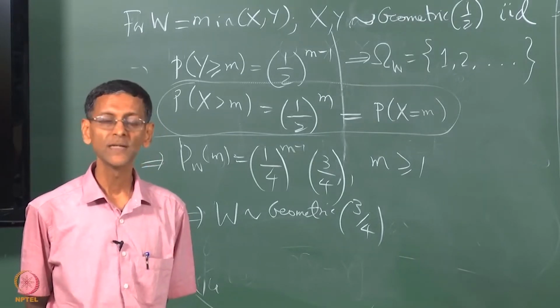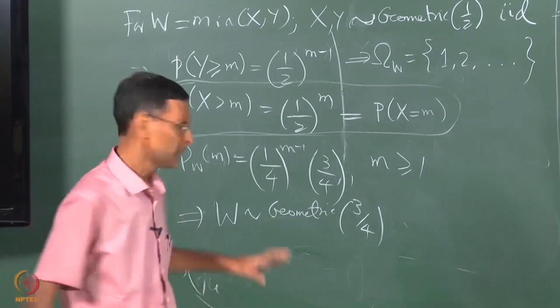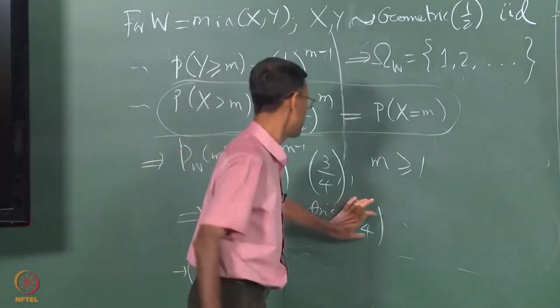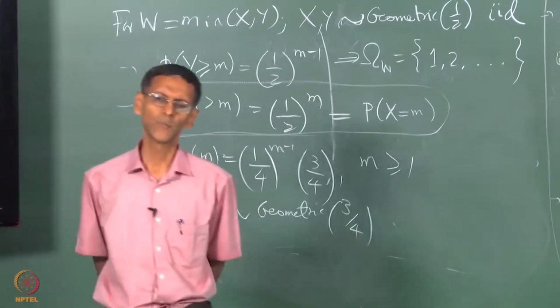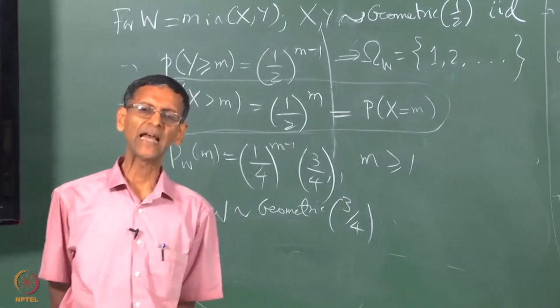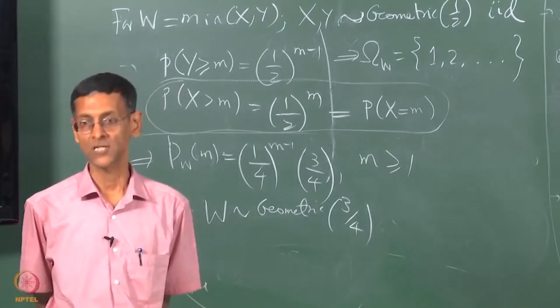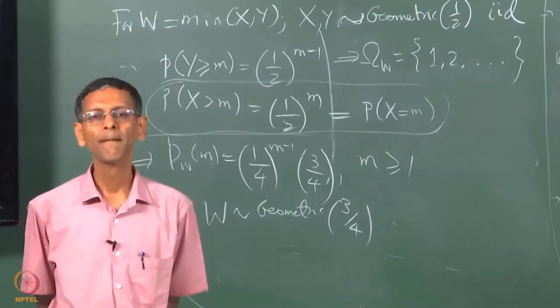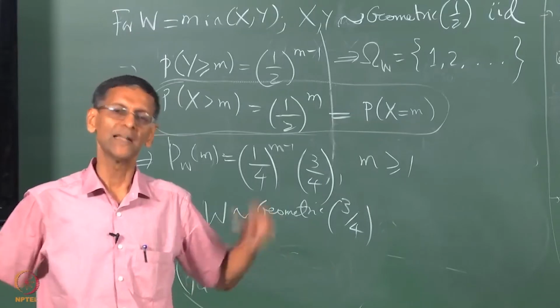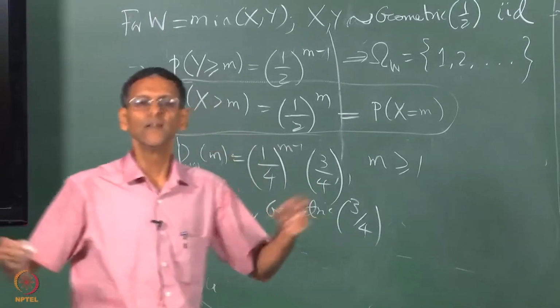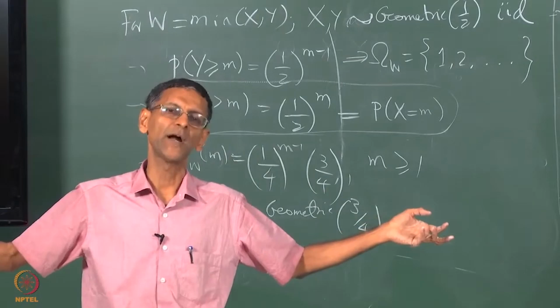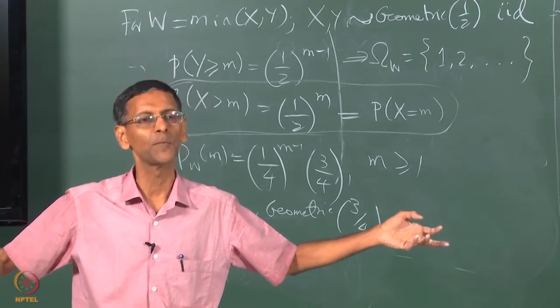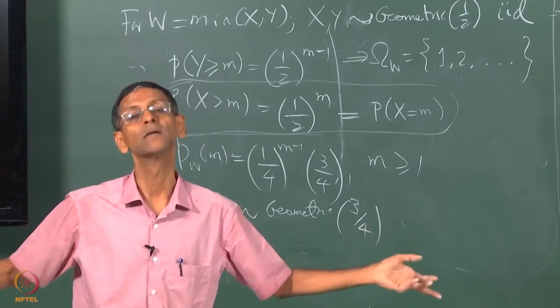So basically 3 by 4 is the probability of what? The probability of getting a head at any toss, either x or y, is it not? If you toss two independent fair coins, what is the probability of getting a head here or here?